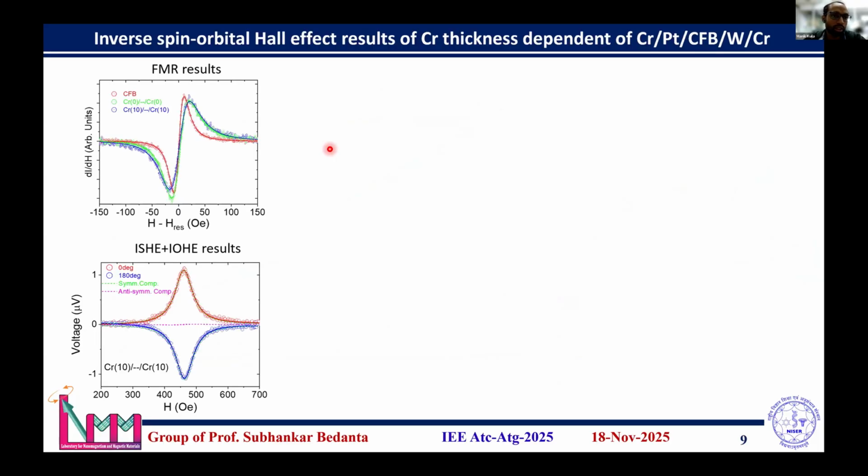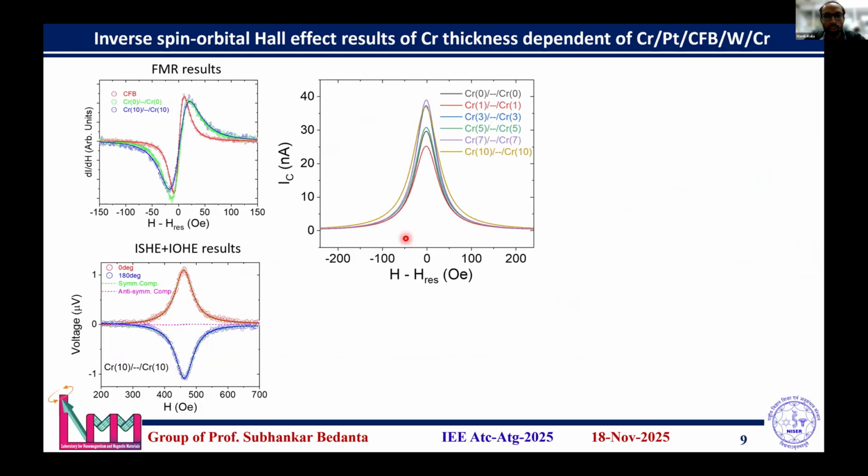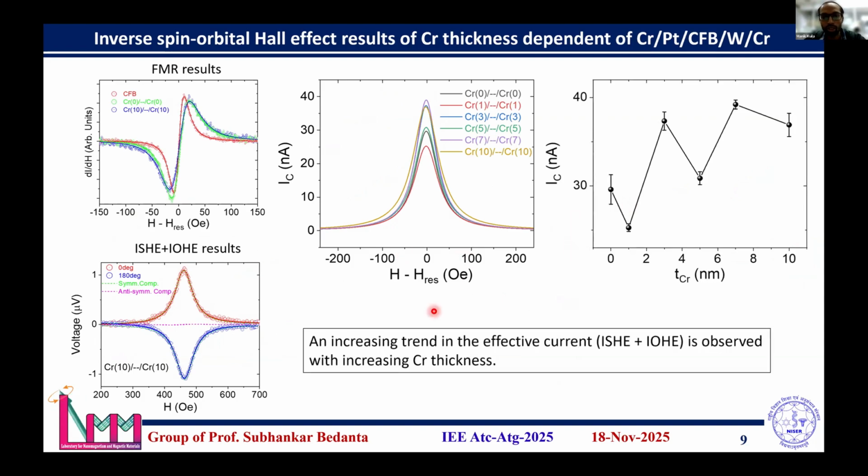orbital effect. Now we also measured the spin orbital inverse spin Hall effect in this thickness dependent data. These are the typical inverse spin Hall effect measurement data showing that the signal is mainly coming from spin orbital pumping, and we have also plotted the symmetric component. What we have found is that with the chromium thickness, we can effectively increase the effective current in the structure.